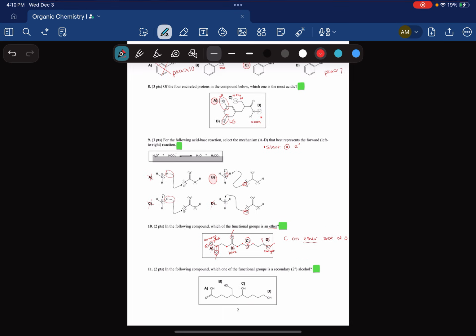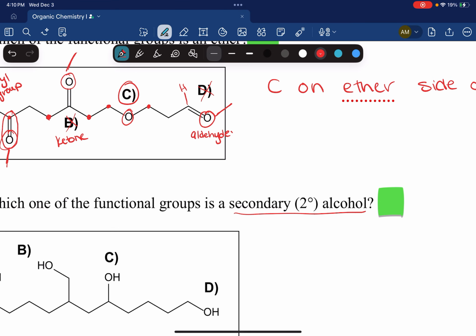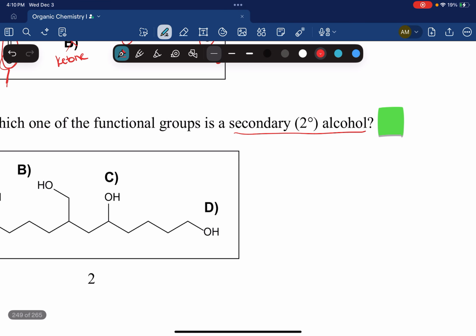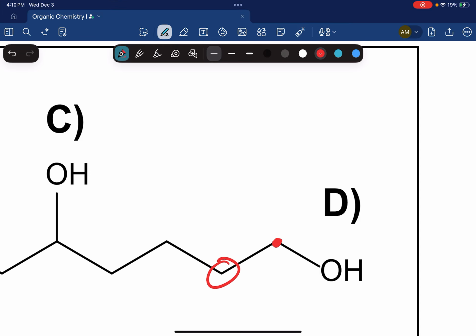All right. Which one is a secondary alcohol? Secondary alcohol means we've got an OH bonded down here. This carbon is bonded to two carbons. That's what makes it secondary. If it was primary, the carbon it was bonded to would only be bonded to one. If it's tertiary, the carbon it's bonded to would be bonded to three. What did we just talk about? It's bonded to one.